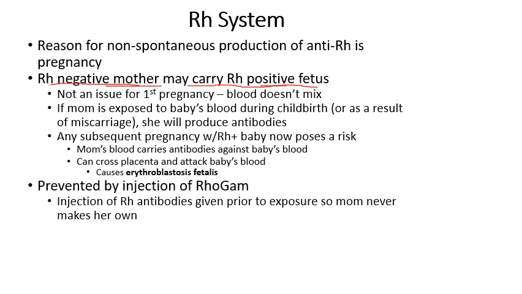The Rh positive baby's blood has that antigen. If baby's blood makes it into mom's bloodstream, now Rh negative mom sees that antigen on baby's blood, and mom will start making the Rh antibody.